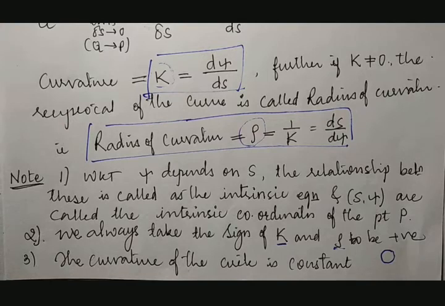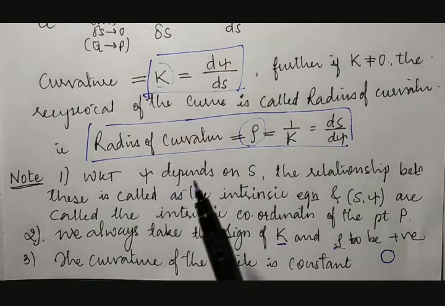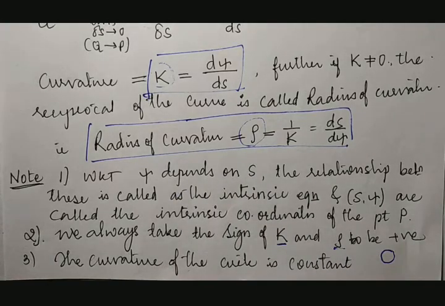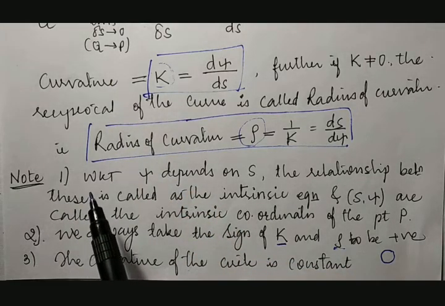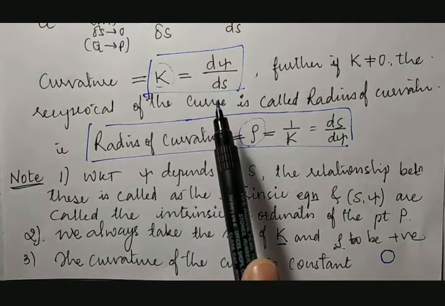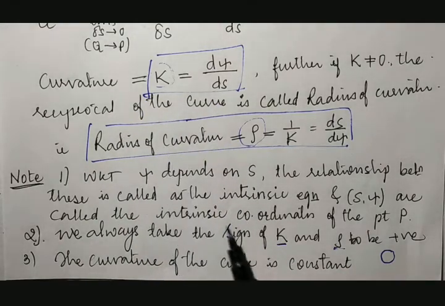Then what is the curvature of a straight line? 0, because a straight line has no bend. It is straight, so there is no meaning in saying that it is non-zero. It is totally 0. Then we know the radius of curvature is the reciprocal of the curvature, therefore a straight line has 0 curvature.